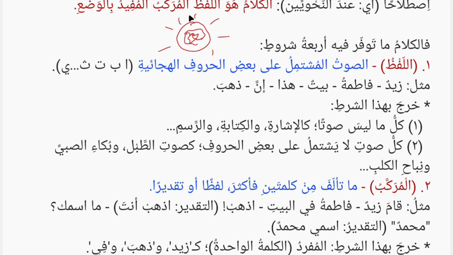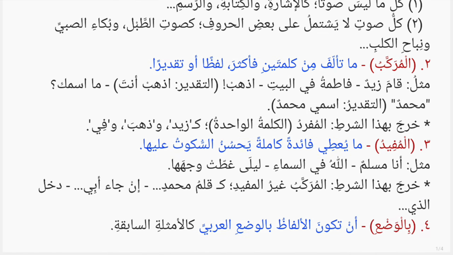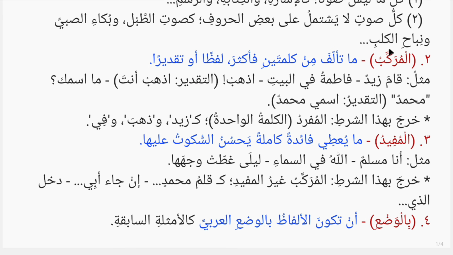Okay, the second condition that he said with regards to al-kalam is that it has to be murakkab. So this lafz has to be murakkab. What is murakkab? ما تألف من كلمتين فأكثر لفظا أو تقديرا. Murakkab is a construction, a composition.